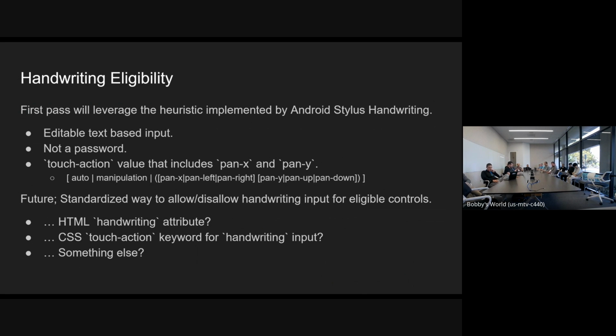In the future, we're hoping to add a standardized mechanism for this. Currently, that's not documented. So we've explored a few options. In Edge, you can define an HTML handwriting attribute, but we're exploring extending the touch action by adding a new handwriting keyword. But there's other options that might be possible as well.